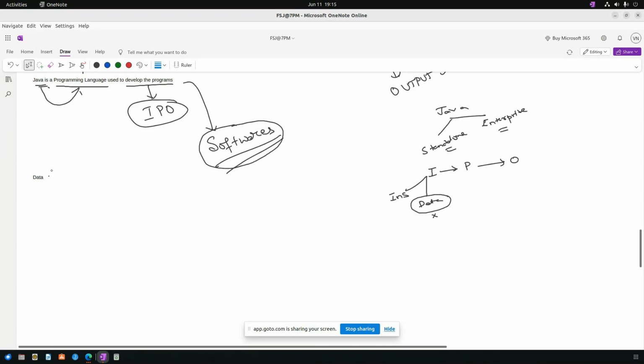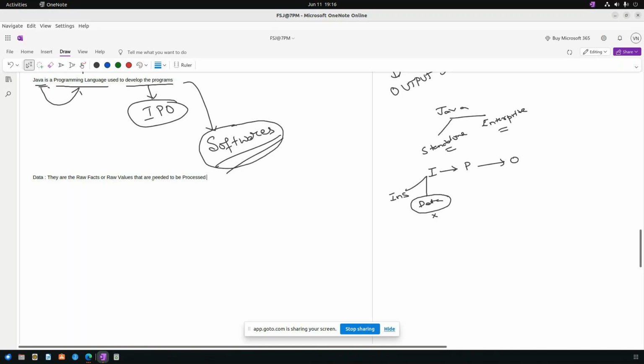In order to define what data is, data are the raw facts, or raw values, that are needed to be processed.